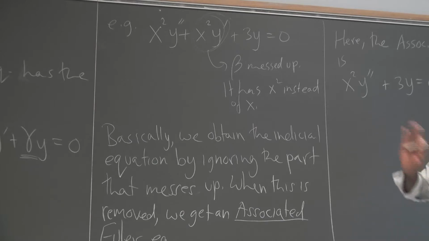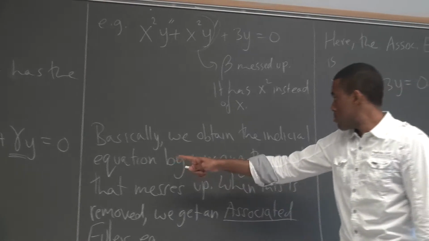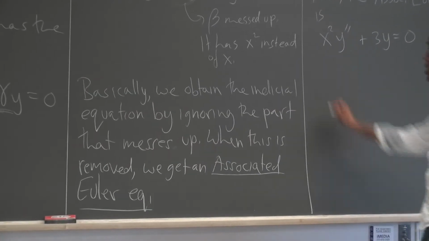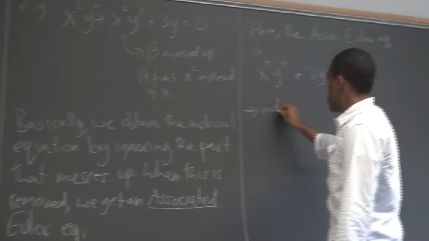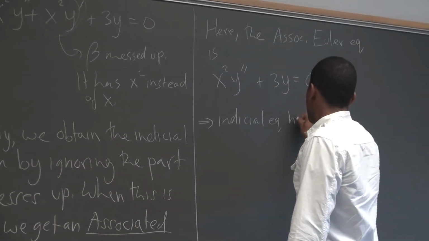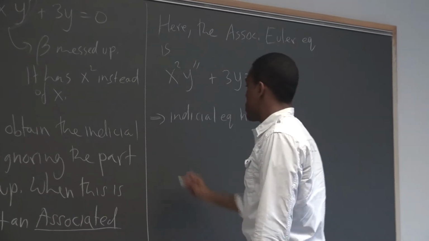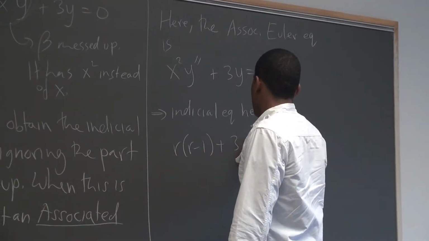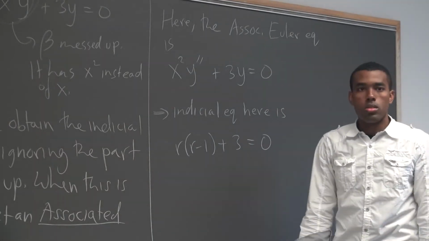Any guy that messed up, forget it, only as far as obtaining the indicial equation is concerned. You just ignore it for a certain part. So this means your indicial equation here is r times r minus 1 plus 3 equals 0.